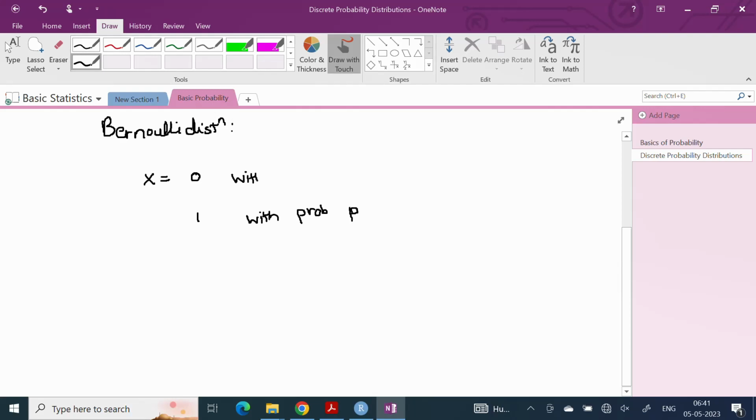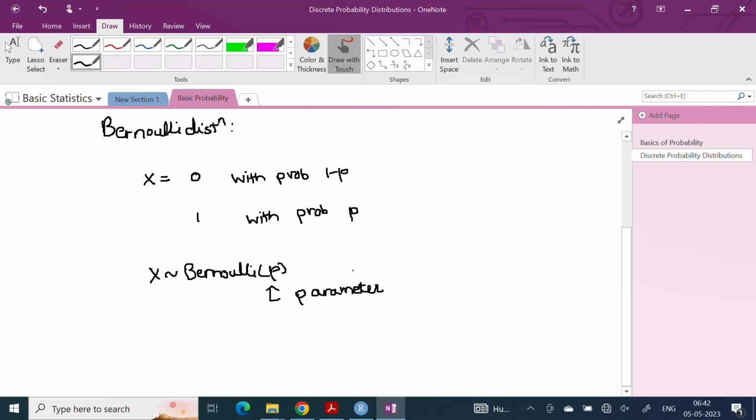So x takes value 0 with probability 1 minus p. Then we say that x follows a Bernoulli distribution with success probability p. This p is known as the parameter of this distribution.